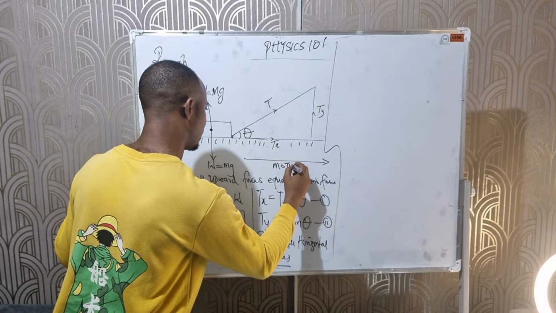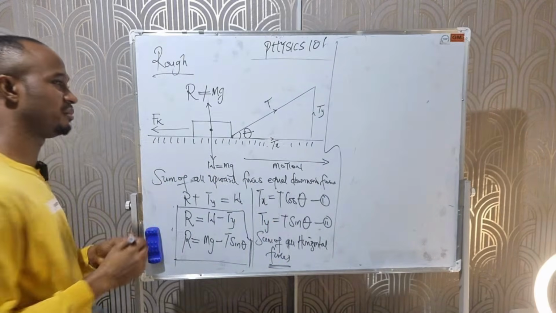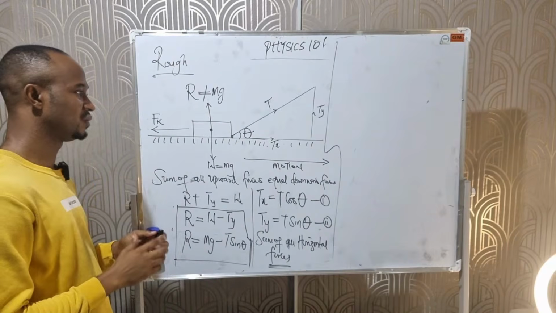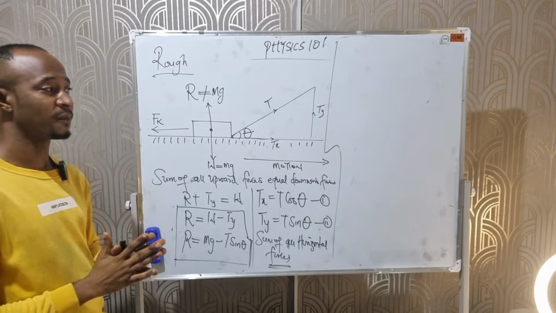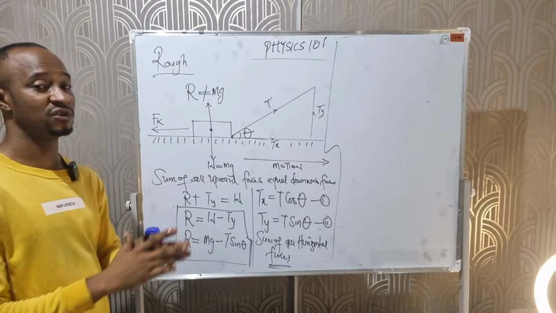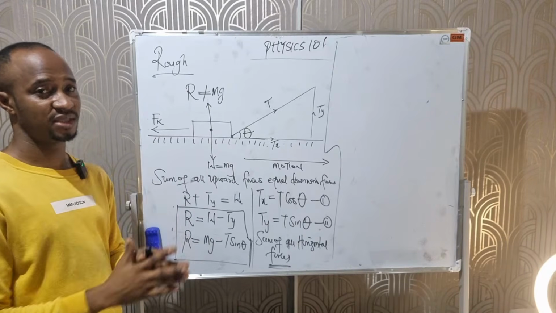Before you determine which of these forces is doing a positive work, you have to look at the direction of motion. Any force that acts in the direction of motion is doing a positive work.